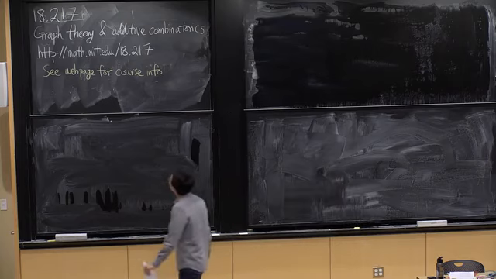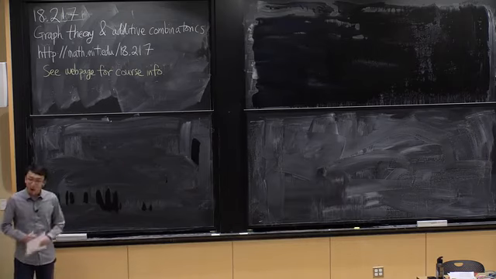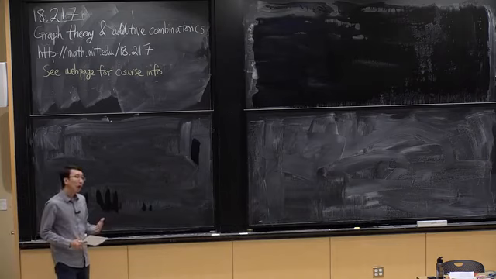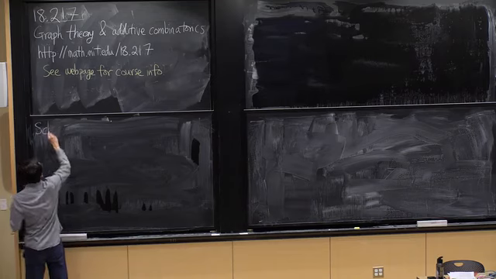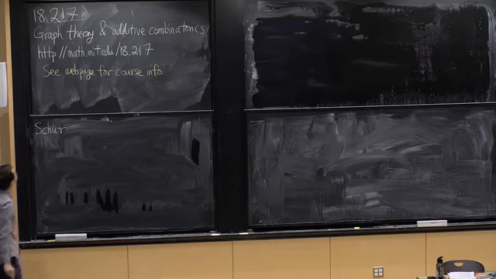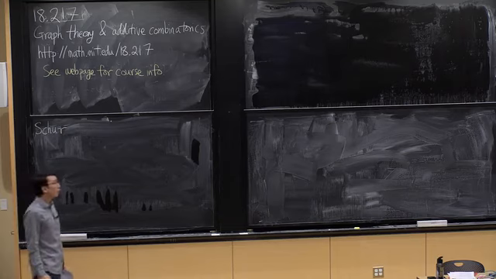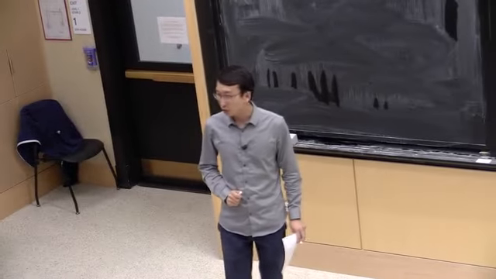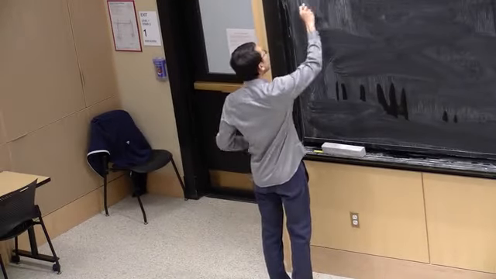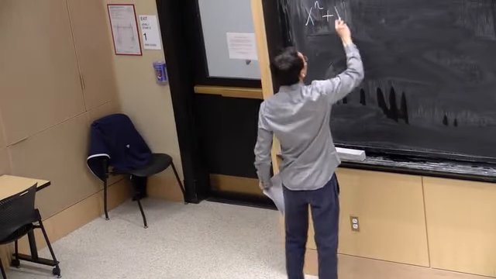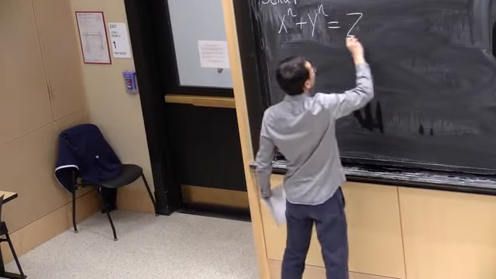So the story between graph theory and additive combinatorics began about 100 years ago with Schur, the famous mathematician Isaac Schur. Well, he was, like many mathematicians of his era, trying to prove Fermat's last theorem. And so here's Schur's approach. He said, let's look at this equation that comes up in Fermat's last theorem.